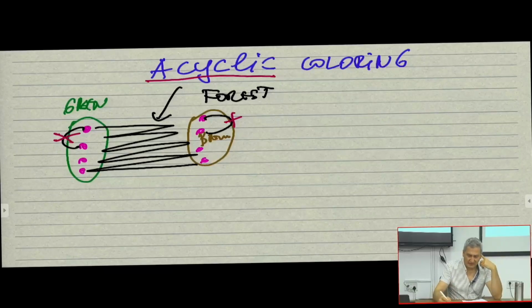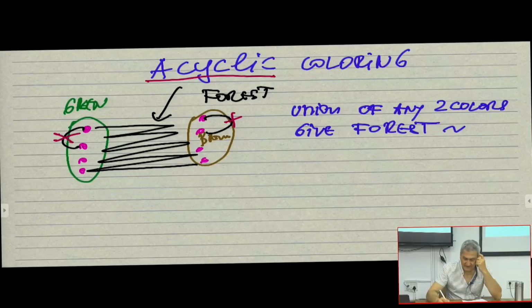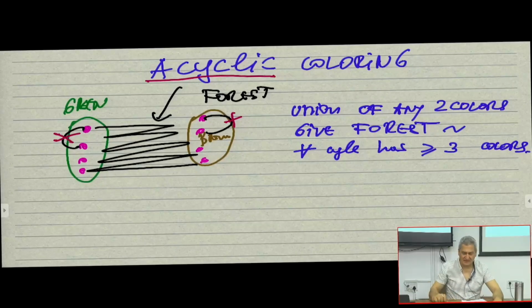So let me write this a little bit: the union of any two colors gives a forest, which is equivalent to stating that every cycle has at least three colors.